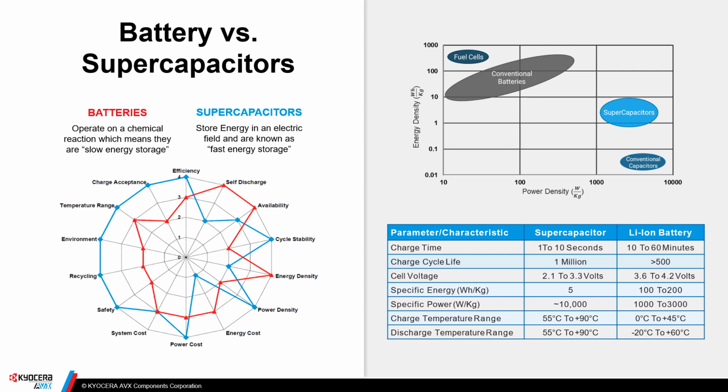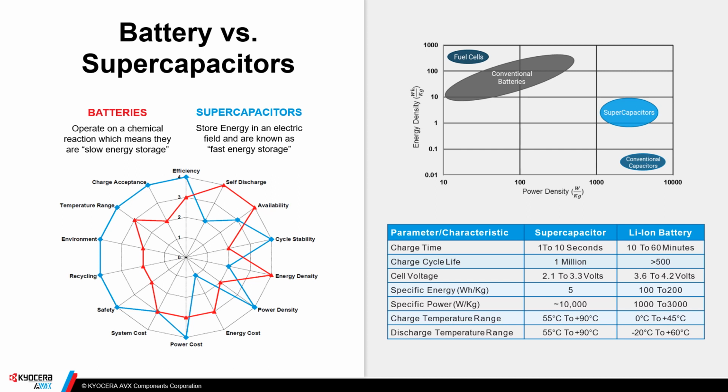On the bottom of the right-hand page, we can see a table comparing supercaps specifically to lithium ions. Well, the charge time on the supercap is much faster. Of course, that makes sense because of the high current that we could sink or deliver, and that's why there's a high power density. The charge cycle life for supercaps looks exceptional relative to that of a rechargeable battery, approaching or exceeding a million cycles.